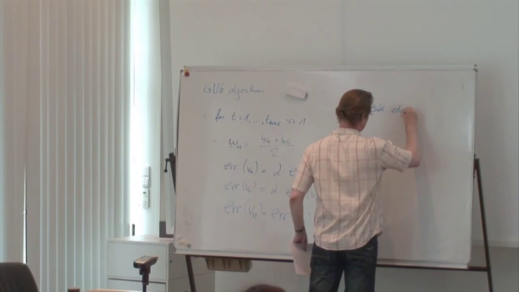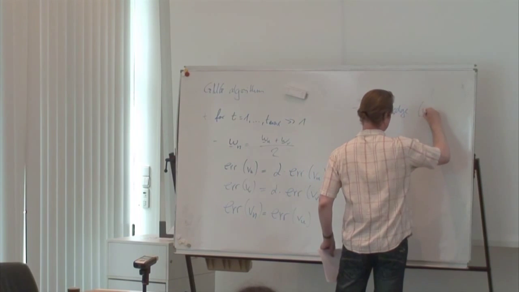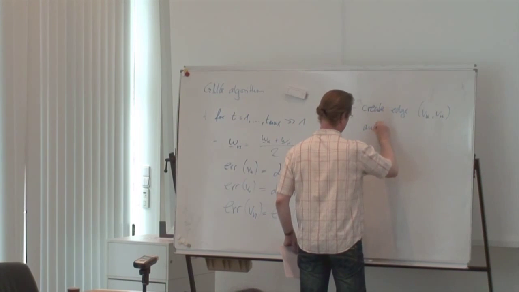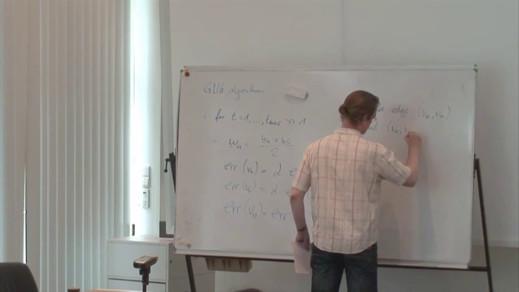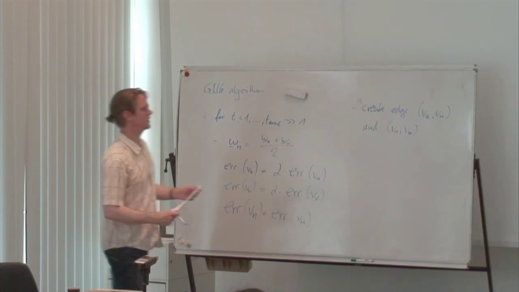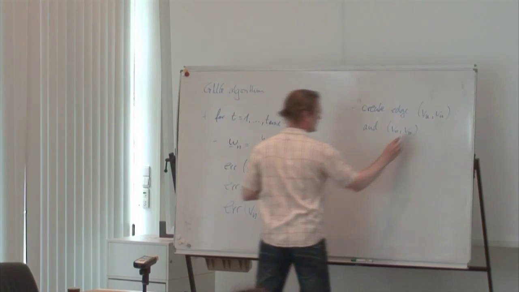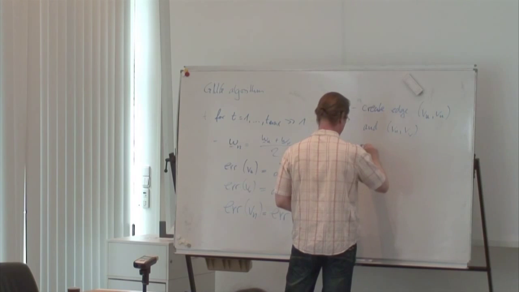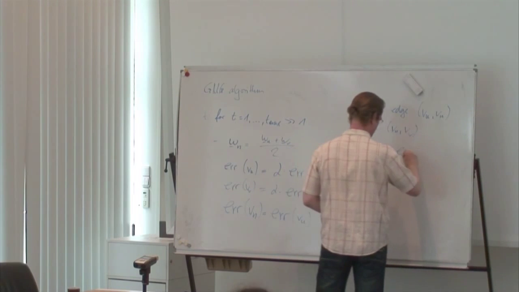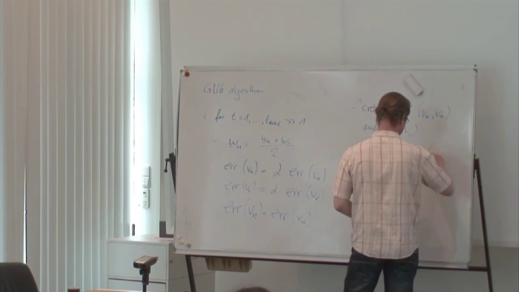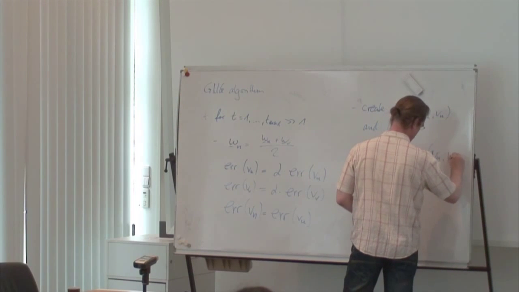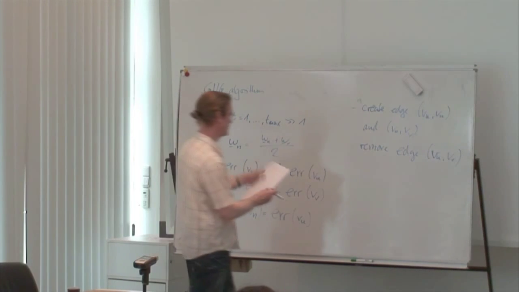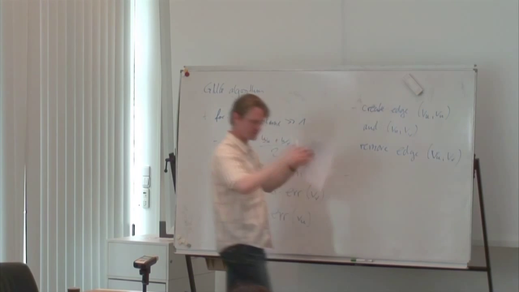Create an edge from Vu to the new node Vn, and another edge from Vn to this neighbor of Vu with the largest error, and we remove the edge between Vu and Vv.